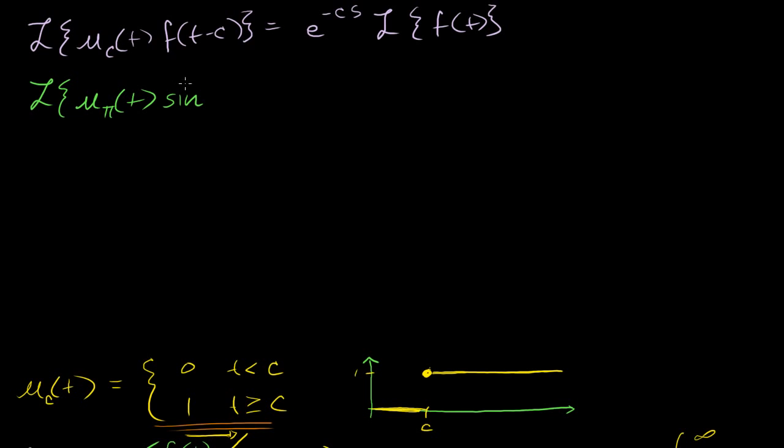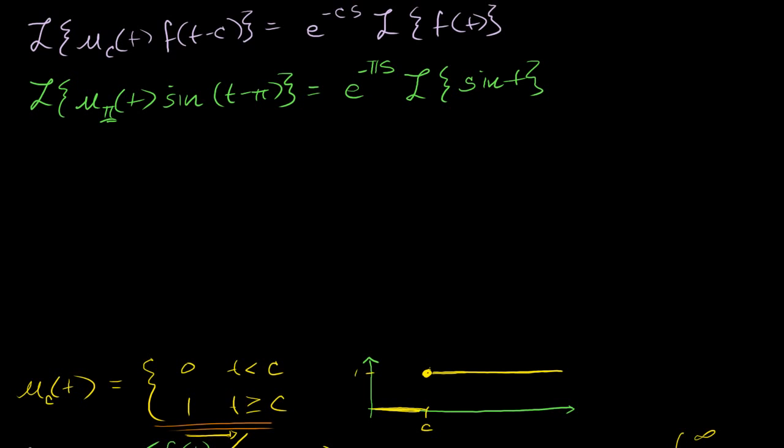times the sine function shifted by pi to the right. We know that this is going to be equal to e to the minus cs. c is pi in this case, so e to the minus pi s times the Laplace transform of the unshifted function. So in this case, it's the Laplace transform of sine of t.